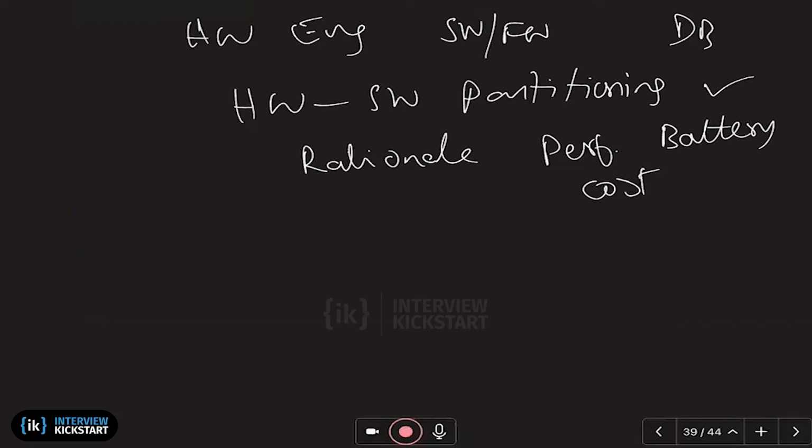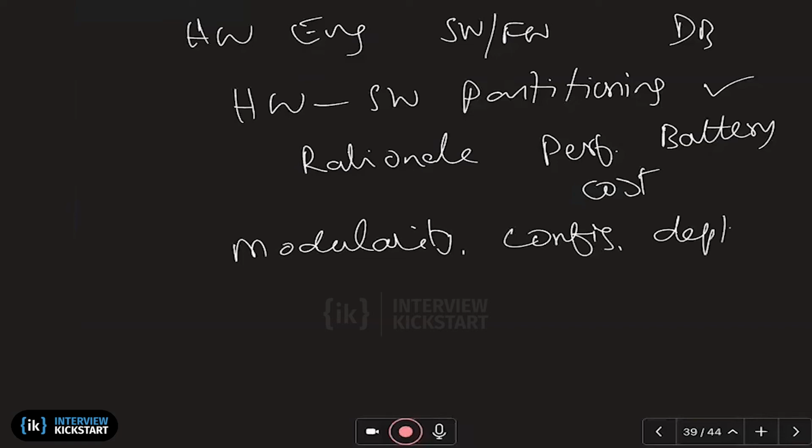So you should have justifications or rationale to articulate. Then, of course, you would talk about non-functional requirements, for modularity and other things. So maintainability, configurability, deployability, and things like that. Are you able to talk about non-functional requirements?